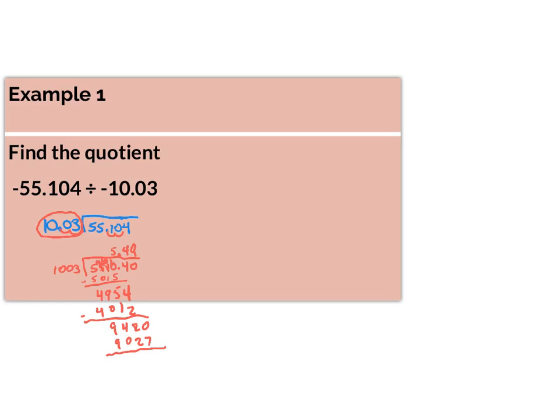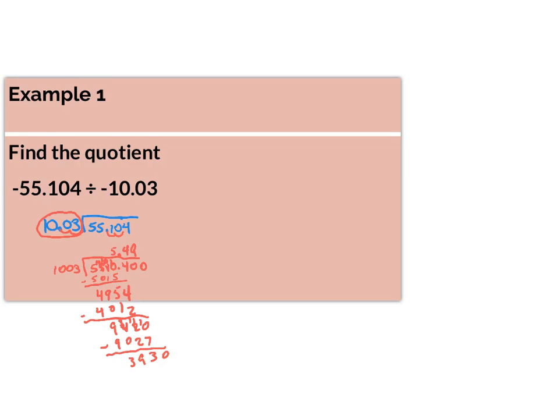So borrowing. 10 minus 7 is 3. Borrowing. 11 minus 2 is 9. 393 is less than 1003. So put another 0 and keep going.